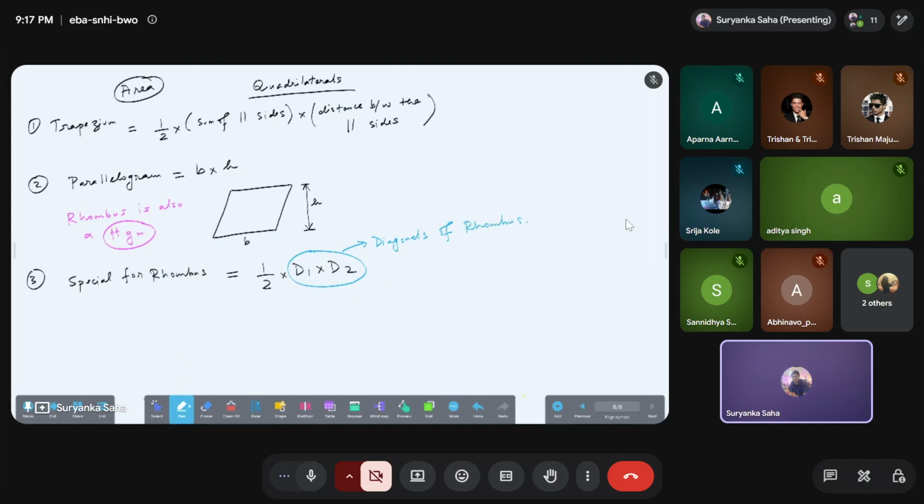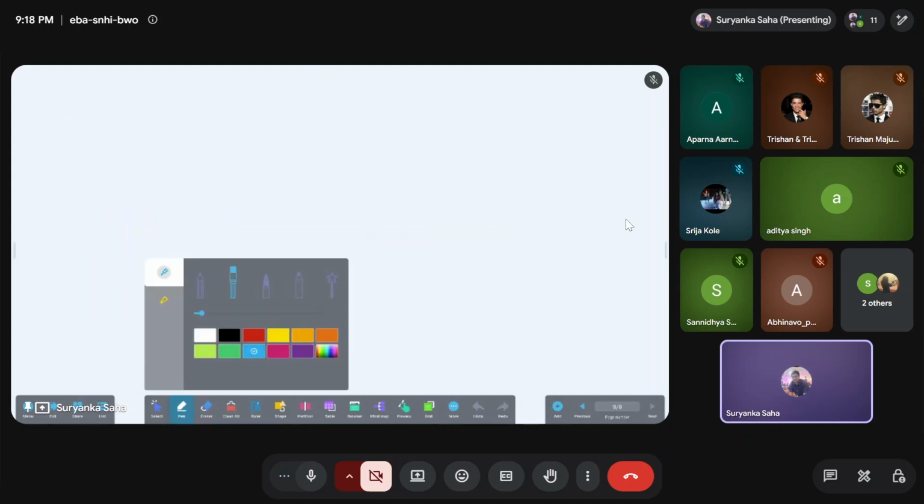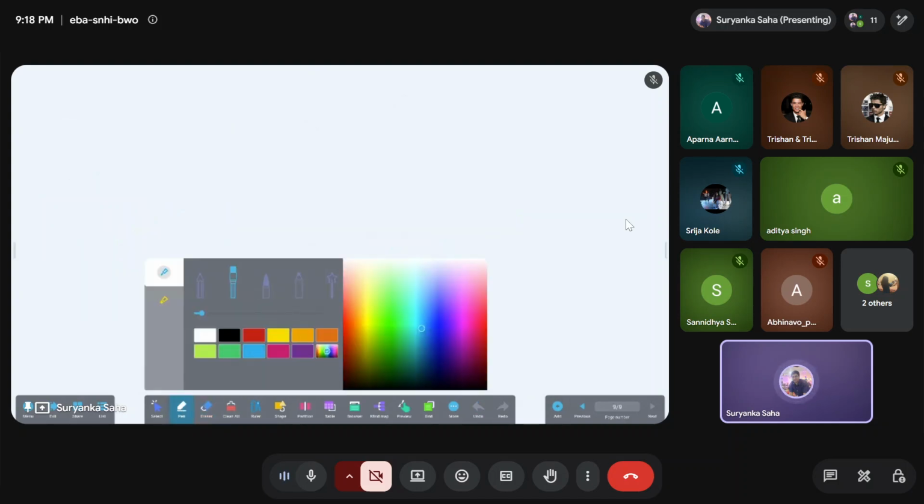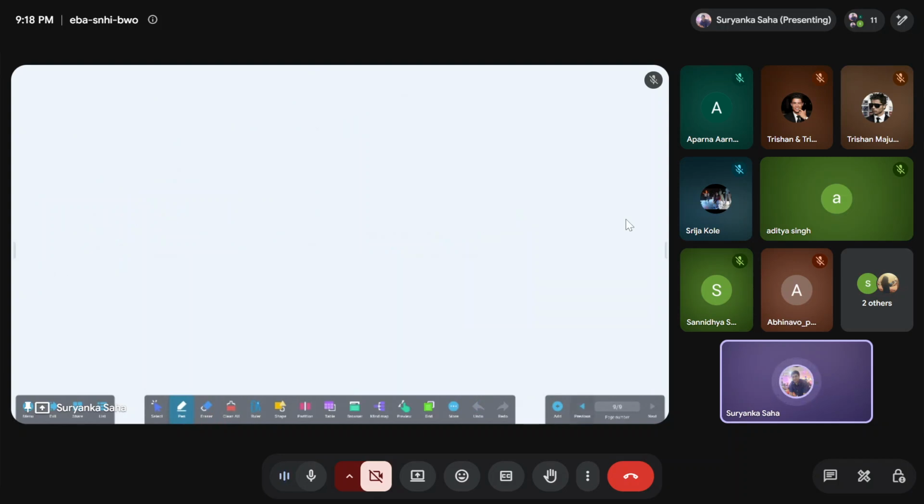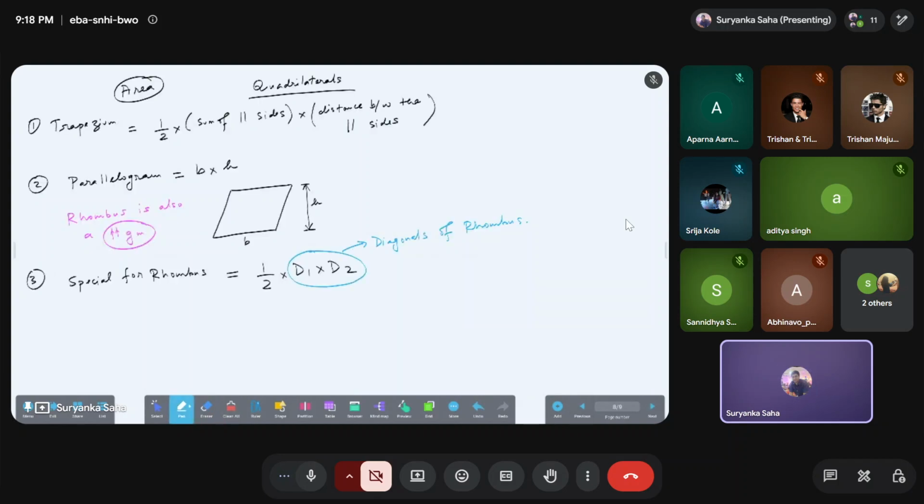Now, something new you are going to learn today, may be new to some of you, may not be new to everyone. The formula I wrote, half into d1 into d2, is valid for all the figures whose diagonals intersect at 90 degrees. Sorry, not equal sides.